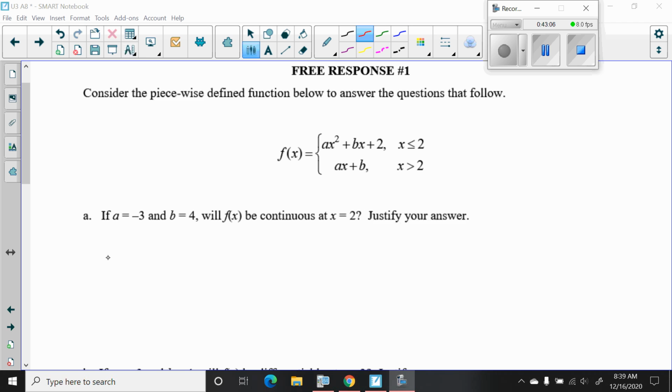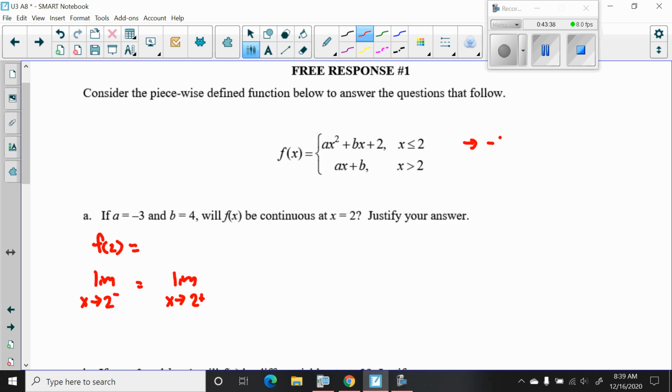The f of 2 must exist, and the limit as x approaches 2 from the negative side must be equal to the limit as x approaches 2 from the positive side.